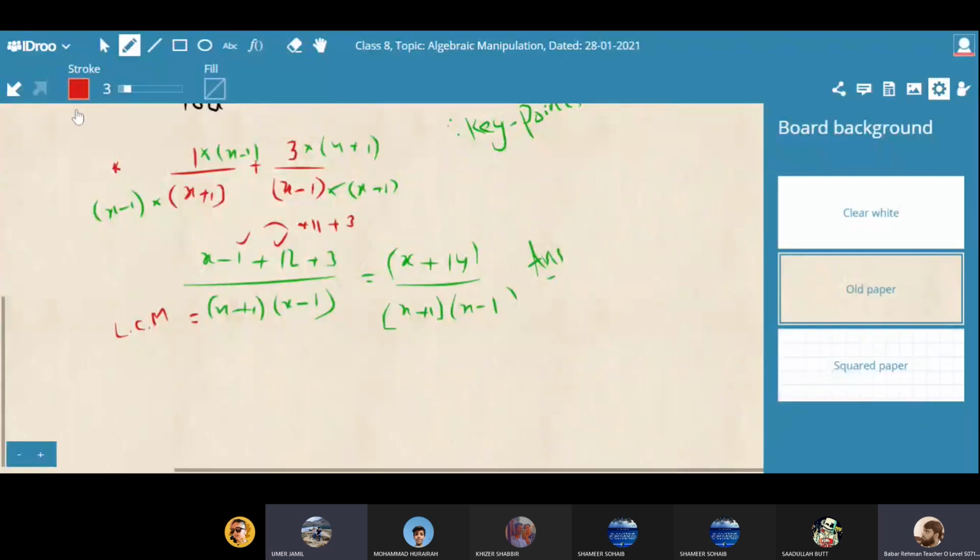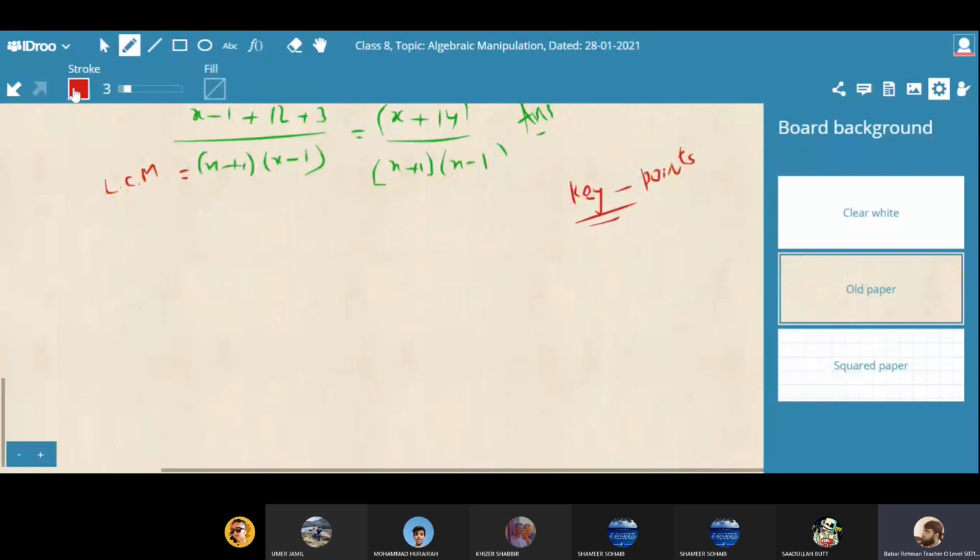Okay. The last key point of this exercise. Again, I keep writing key points. You also write key points in your notebook. Another key point for this exercise is an example. For example, I write 2 upon, please be careful, a square minus b square, plus something upon a plus b.